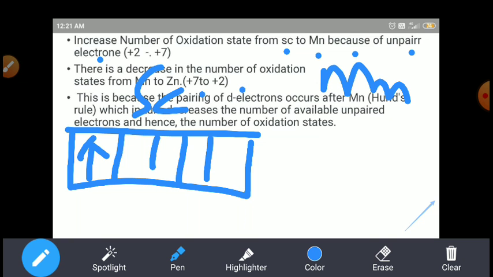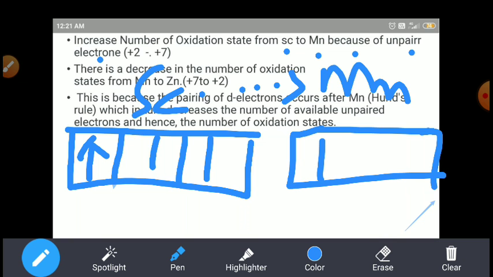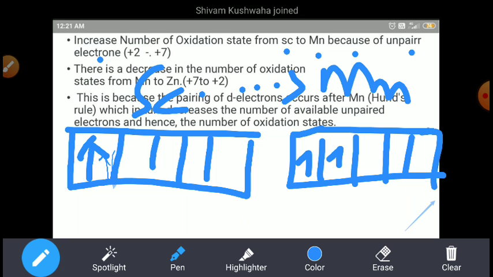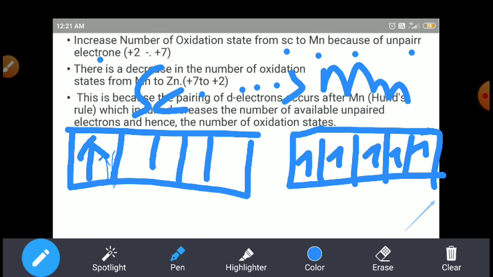When you move to manganese, it has 5 unpaired electrons, along with the outermost 4s2.